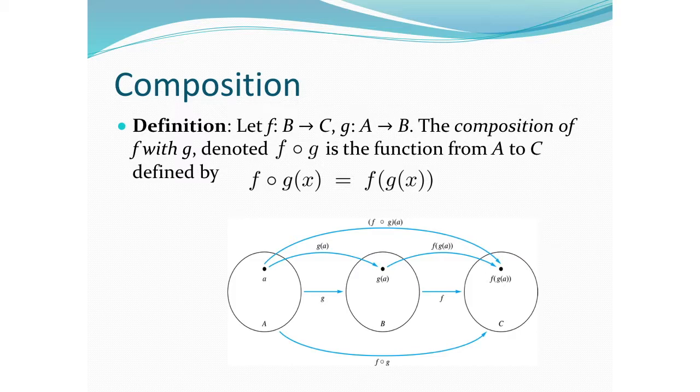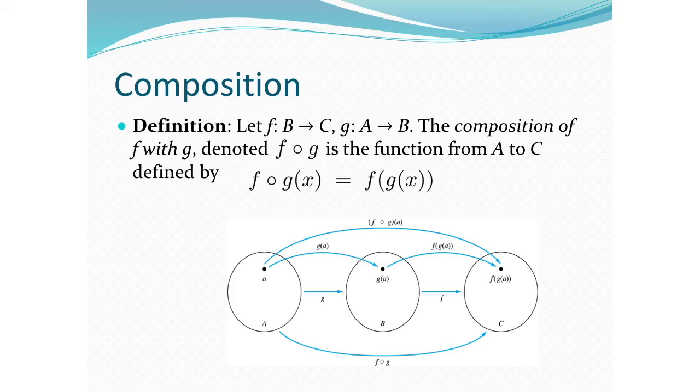This can be denoted as f composite g, which is a function defining a mapping from A to C. It is similar to saying: if I can reach C from B, and I can also reach B from A, there must be a function that takes me from A to C. And we call this function the function composition.